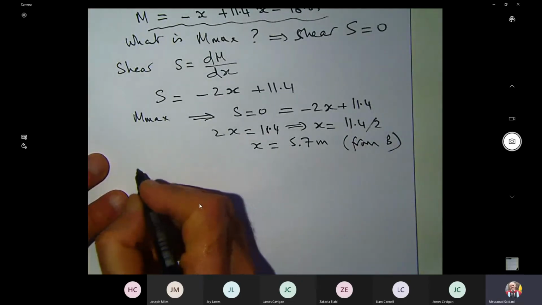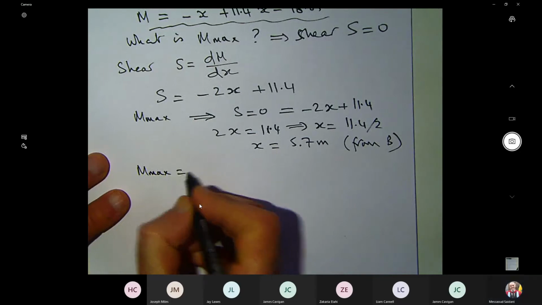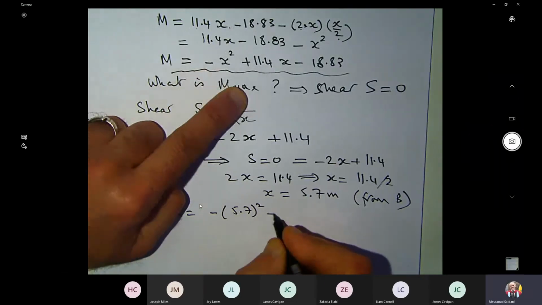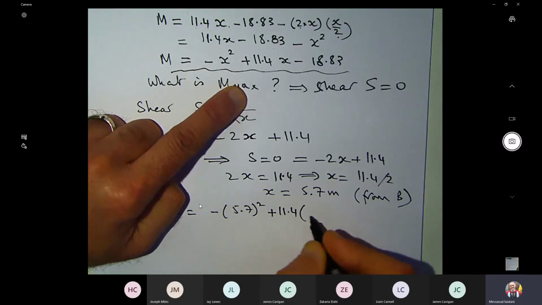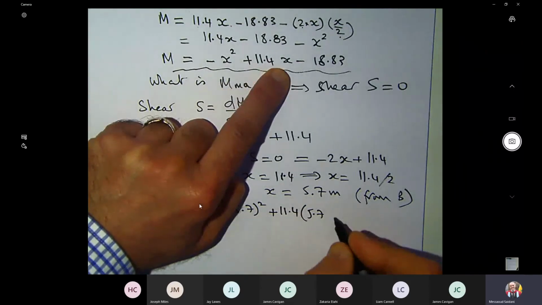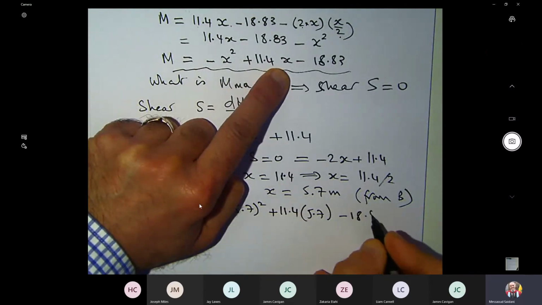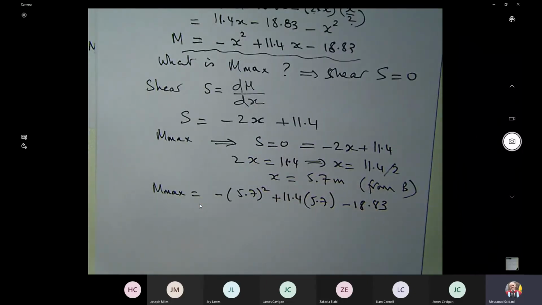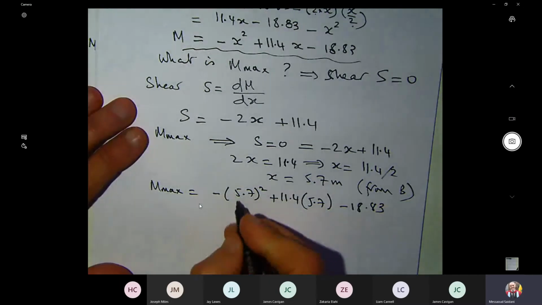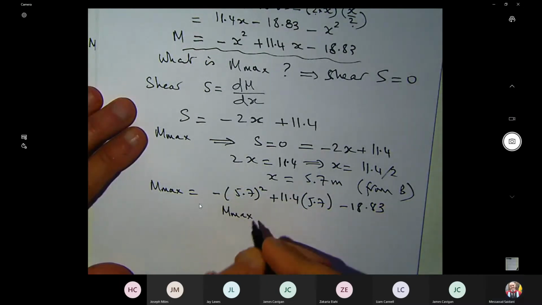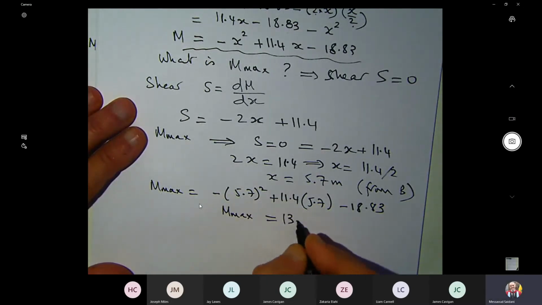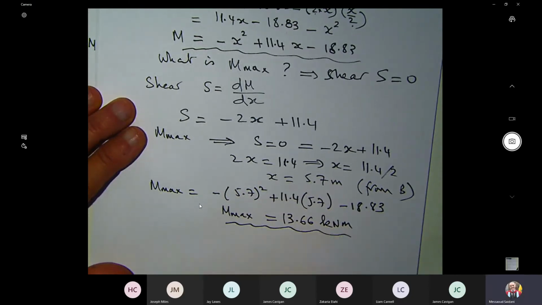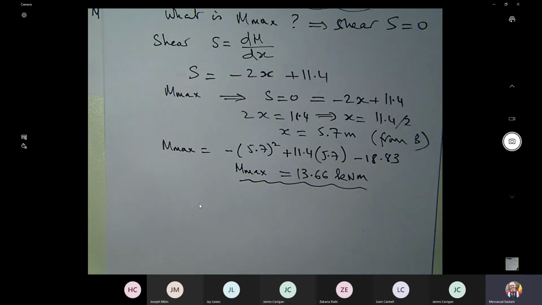So we have M max is equal to minus 5.7 squared plus 11.4 times 5.7, minus 18.83. Please, can you check it? I've got M max, I've got 13.66 kilonewton meters. Thank you. So that's the maximum moment.